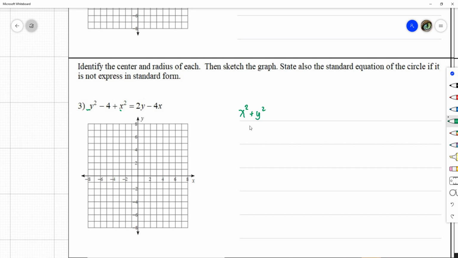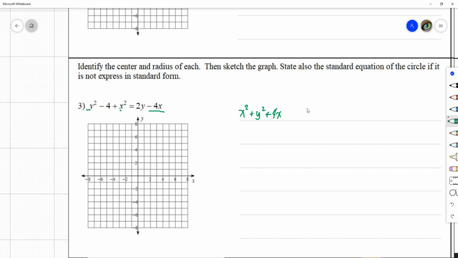After this, it must be x. Since our x is written on the right side, we have to add both sides 4x. So negative 4x plus 4x equals 0.